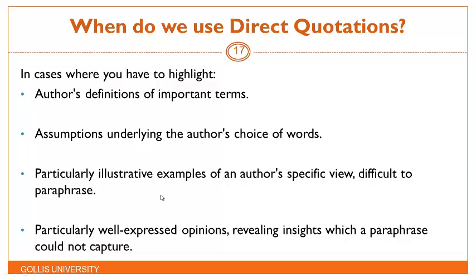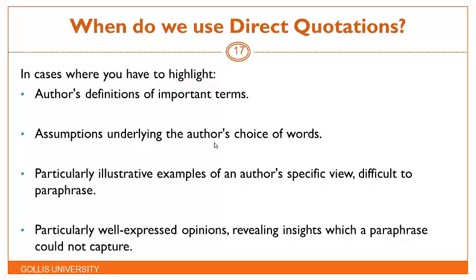Or particularly illustrative examples of an author's specific view which are difficult to paraphrase. That's when we can also use a direct quotation, or even well-expressed opinions revealing insights which a paraphrase cannot capture. So there are different situations where we can use a direct quotation. Some of these scenarios we have just highlighted here, especially when the language is difficult for you.